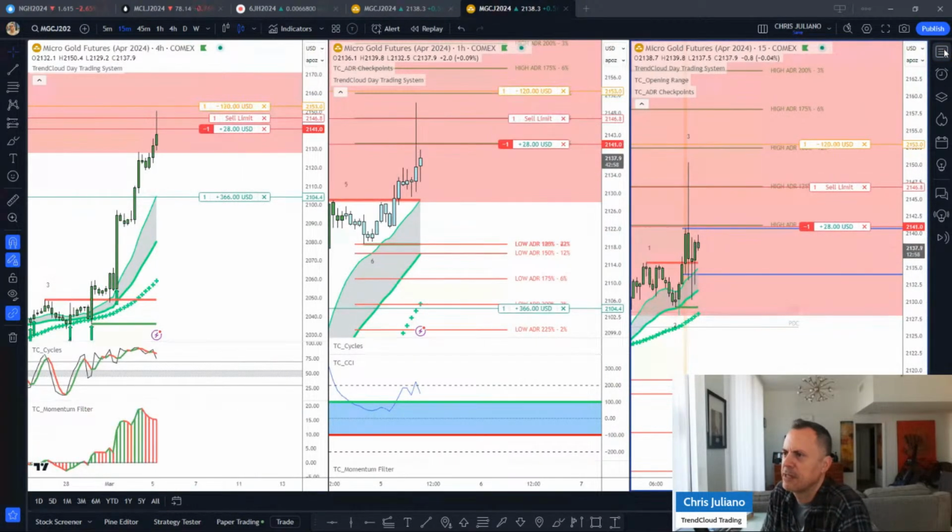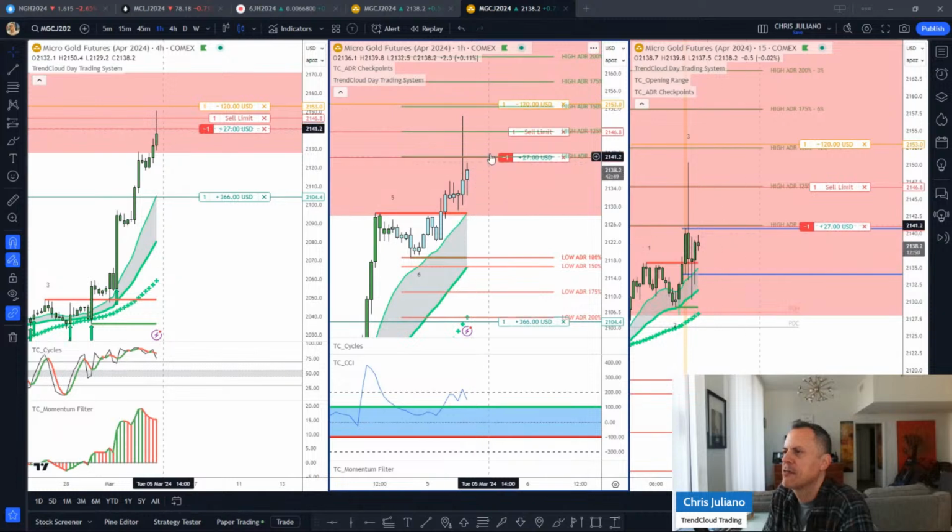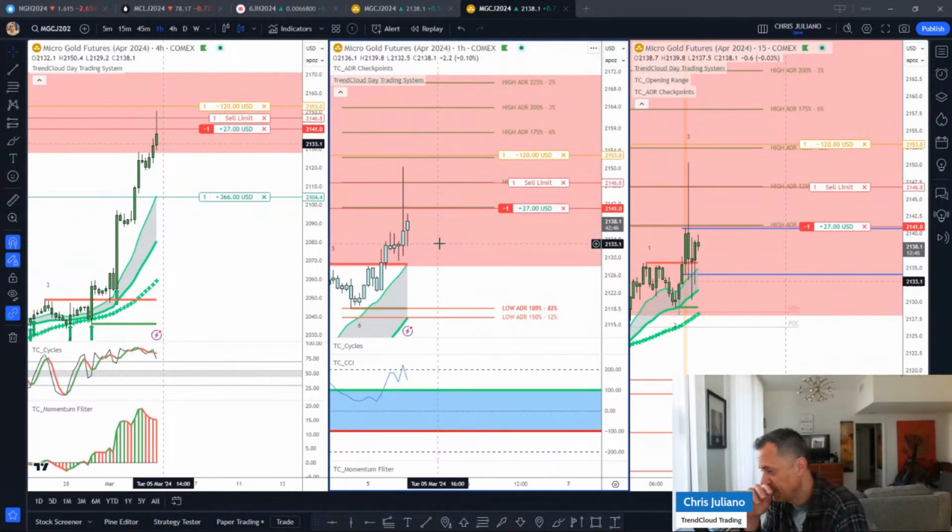They're definitely not seeing this stuff, right? They're not seeing an extended trend. They're not seeing ADR checkpoints. But if there's enough people buying, it could blow through all of these, right?